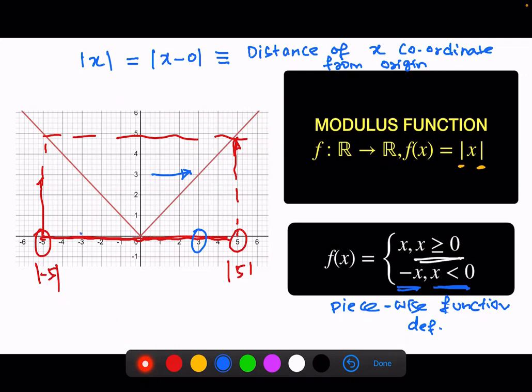So for example, if x is -3, what do you get? You are getting +3, right? So minus of -3, it will become 3. Guys, this is a little new. Are you okay with this?